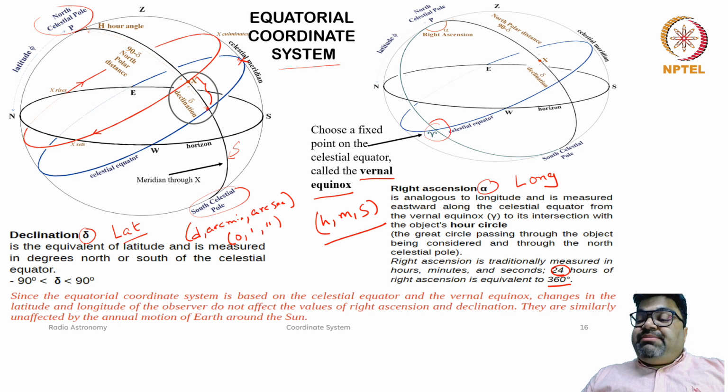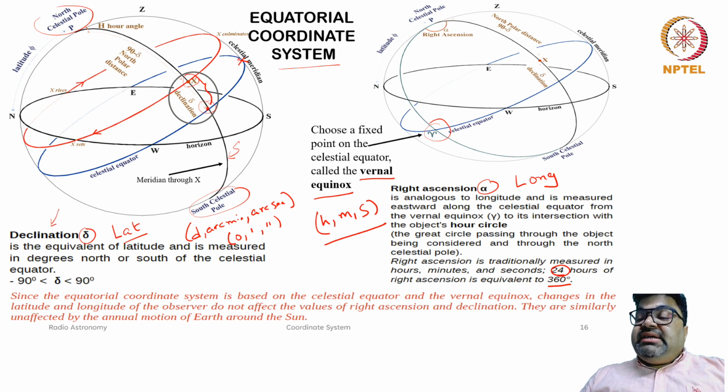So the angular separation between that point where X lies and the intersection of this meridian with the equator, that angular separation is known as the declination.